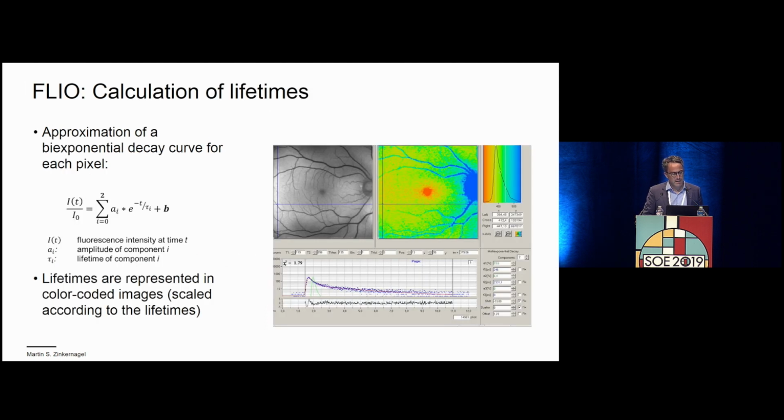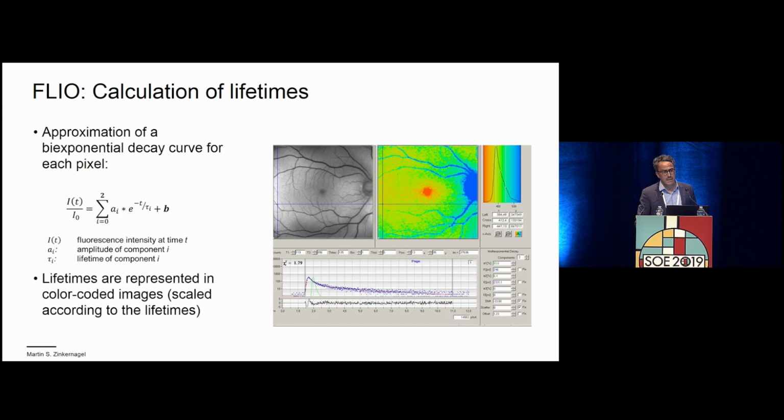Now, the calculation, I'm not going to go into details. It probably would require some higher intelligence, which I'm not capable of. This is the equation here. And for each pixel, we get this decay curve here.